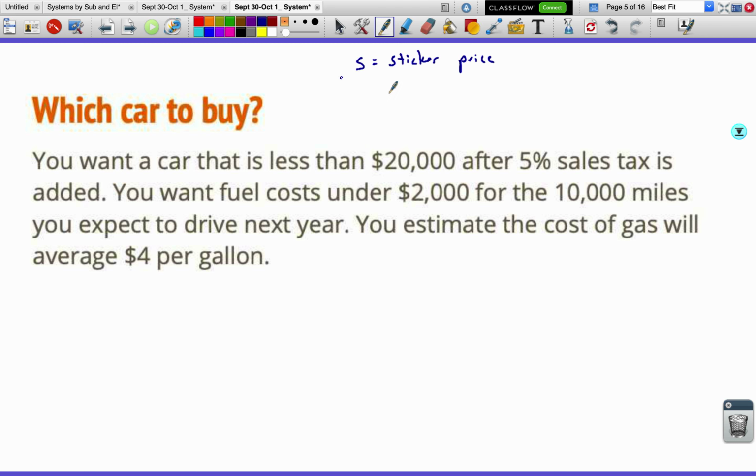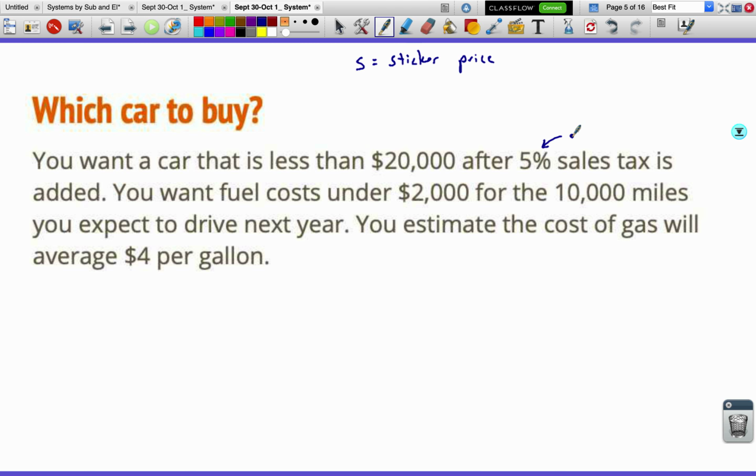So how do I take the sticker price and figure out the total price? We'll have to apply a 5% sales tax. The trick to applying an additional percentage is to always add it to 1. So although you're paying for a 5% sales tax, really you're paying for 105% of the car. You have to pay for the 100% of the sticker price plus an additional 5%.